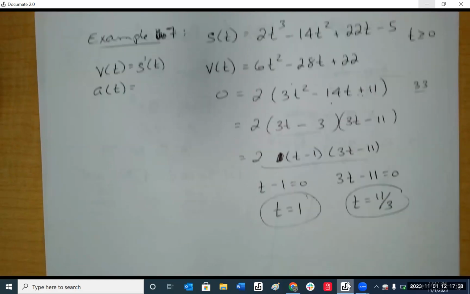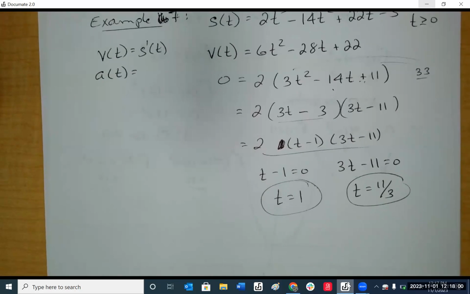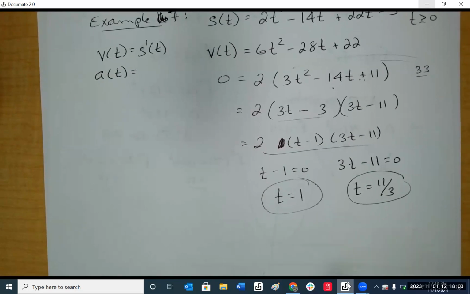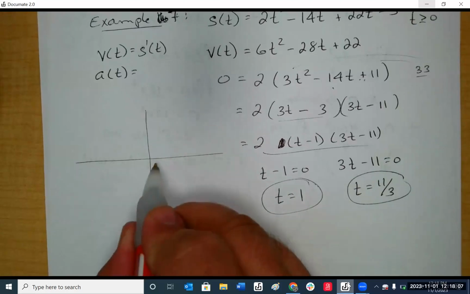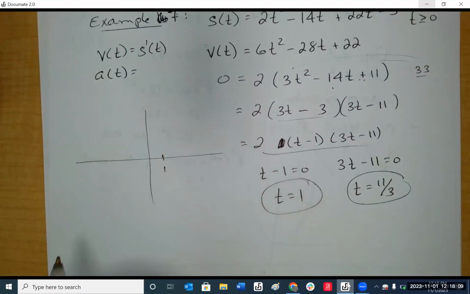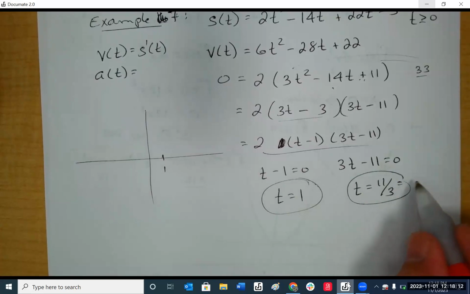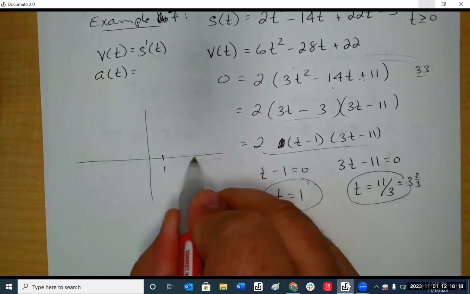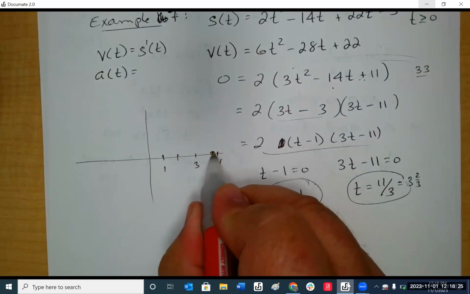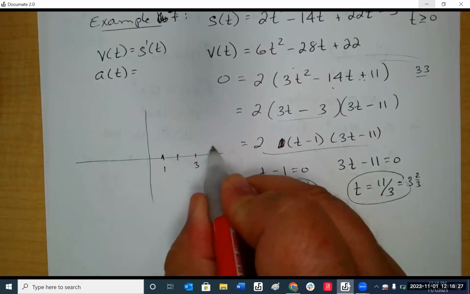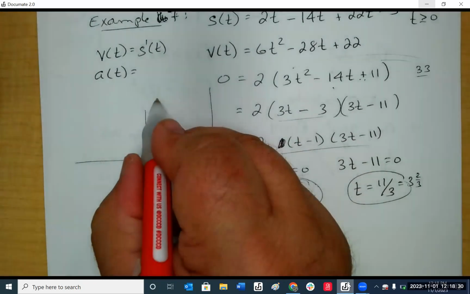My vertices occur at those 2 points, 1 and 11/3.